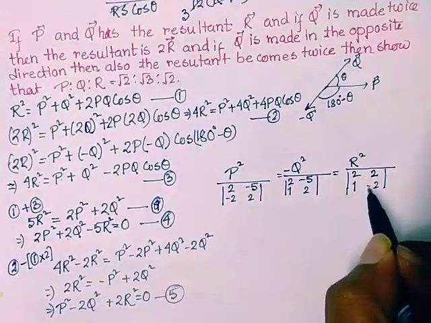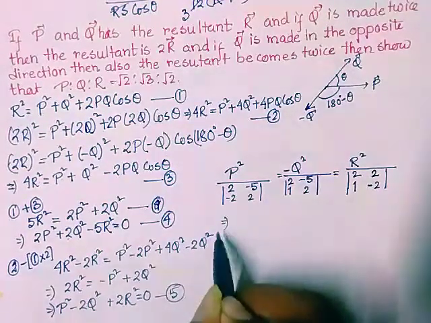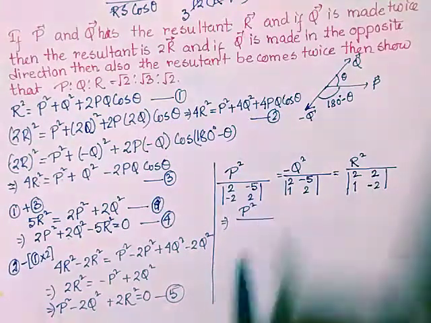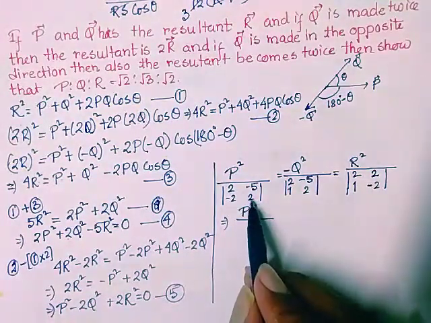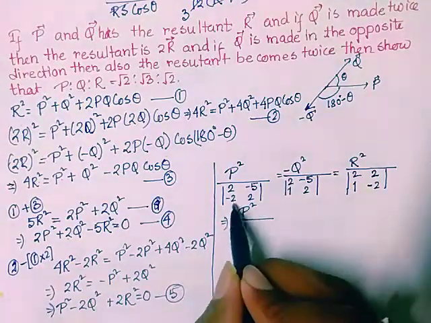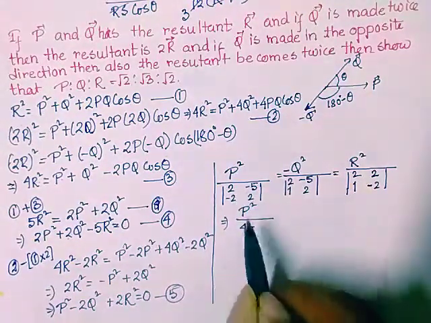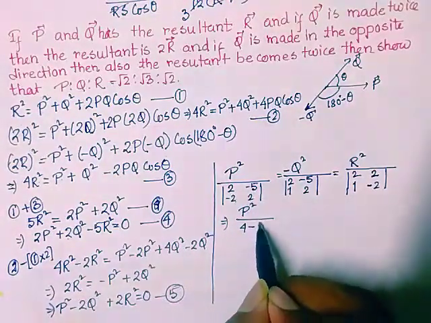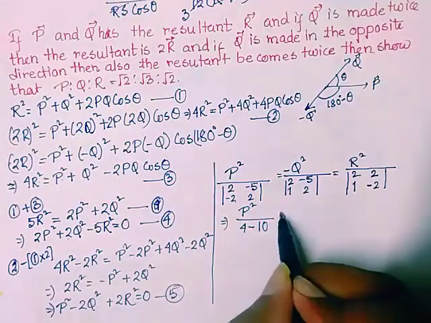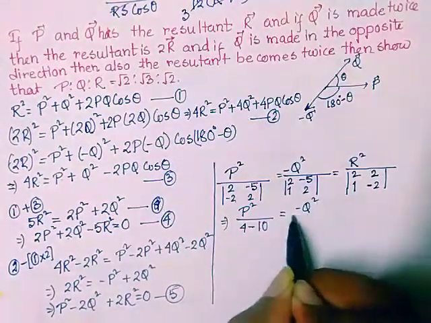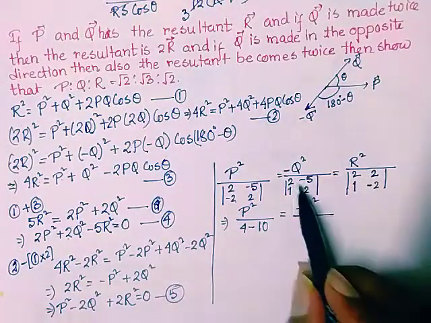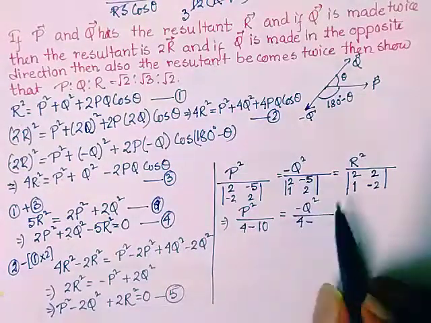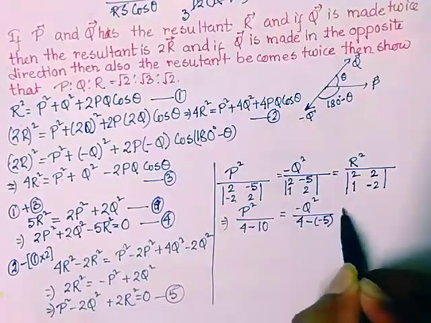Okay, so after that, if I write the equation, then p square, 2 into 2, that's 4, minus 5 into minus 2 is minus 10, sorry, minus 5 into minus 2 is plus 10, so it will be 4 minus 10. Here it is minus q square. 2 into 2 is 4, minus 1 into minus 5 is minus 5.